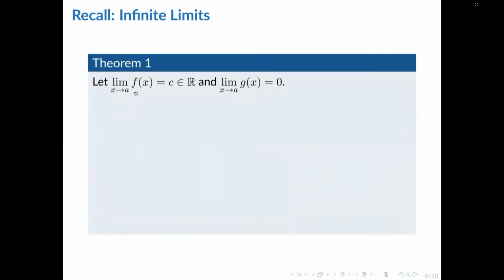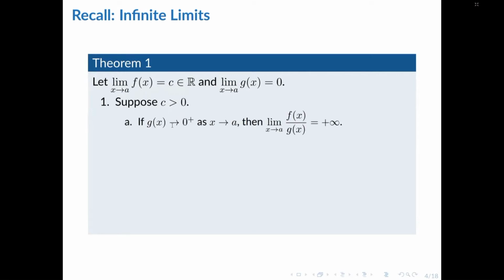For the theorems, let the limit of f of x be equal to c, an element of all real numbers, as x approaches A, and the limit of another function g of x as x approaches A be equal to 0. So suppose c is greater than 0, or a positive number.